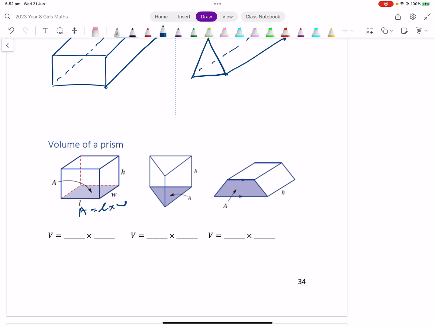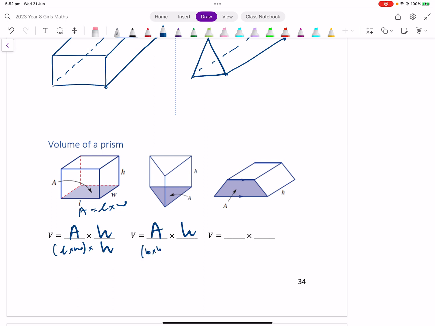So the volume of a prism is area times height. Length times width times height. It's the same for every type of prism. We're going to calculate the area of the cross-section, we multiply it by the height, and away we go.